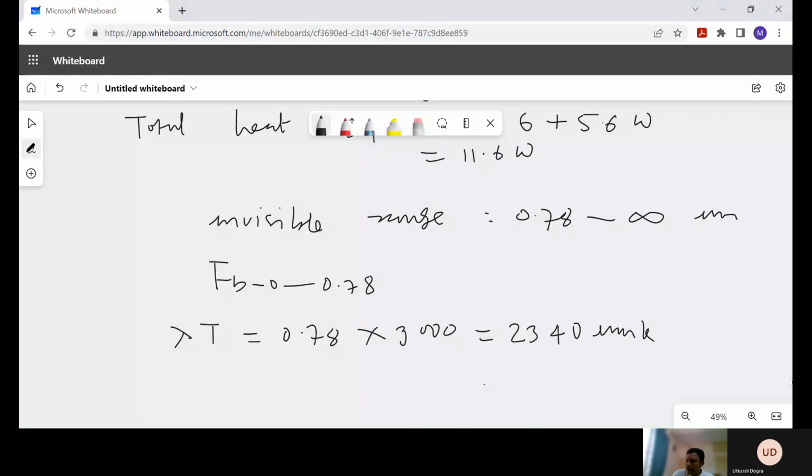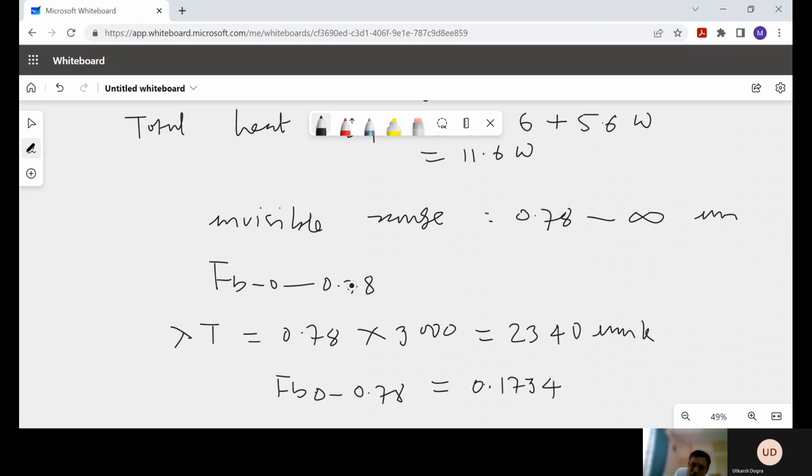From this we can get the F factor, F from 0 to 0.78, that comes around 0.1734.